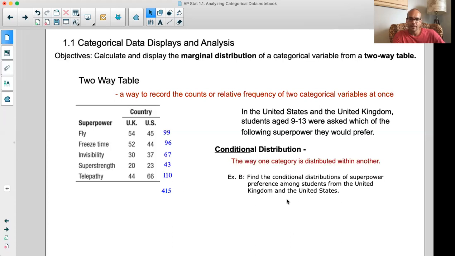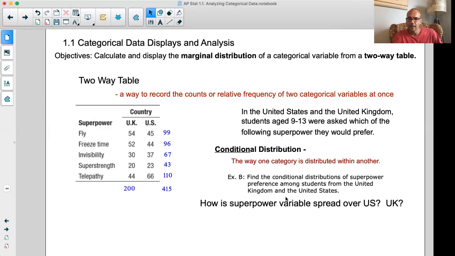It feels like they're telling us we would like to think about the UK and talk about how the superpowers are distributed there, and then we have this other group here. You're going to eventually start getting a feel for what's the cause and what's the effect, which will help you figure out which way you want to go with this. But at this point, we're going to need these totals, and we're not going to need this number at all.